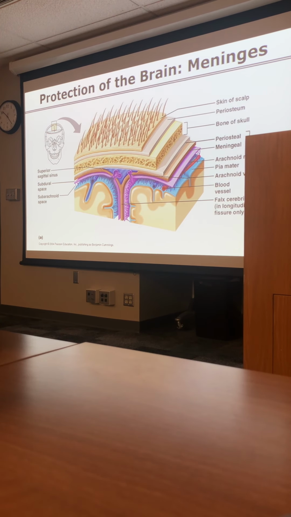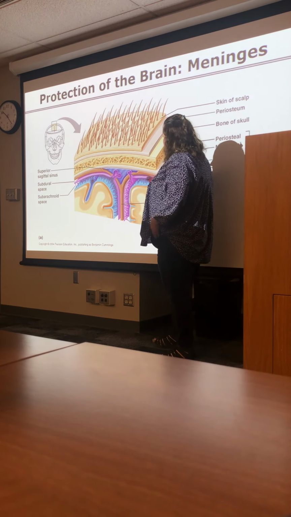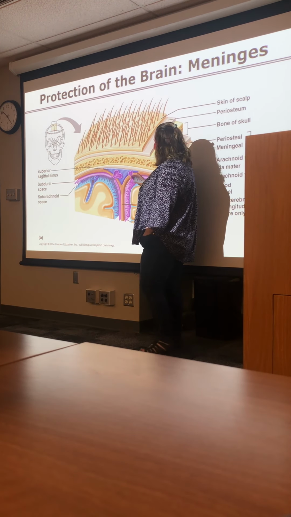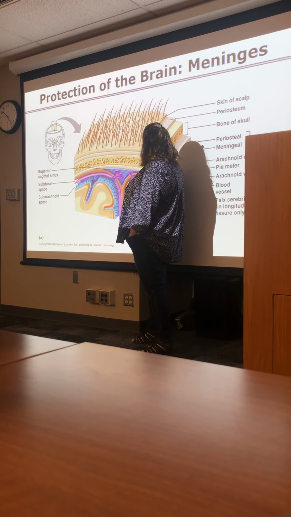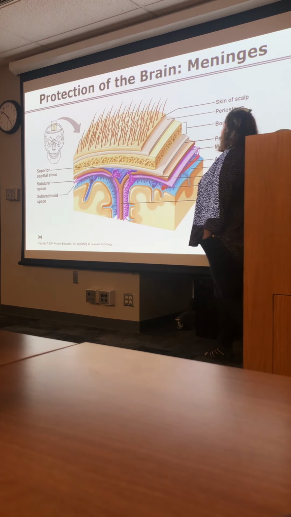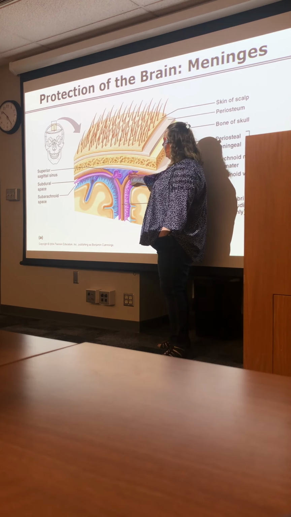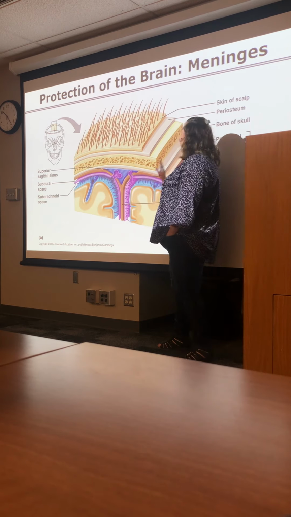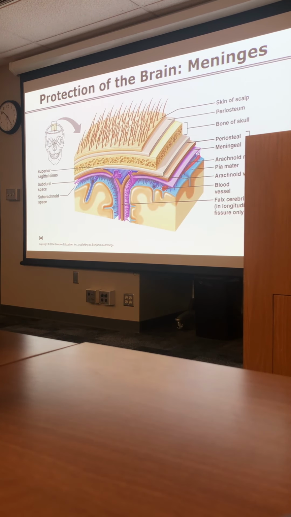You can see that there are extensions of, and I've mentioned this before, the arachnoid mater, and specifically right here, this is going to be your superior sagittal sinus, and there are extensions of the arachnoid mater into the superior sagittal sinus. These extensions are called arachnoid granulations or arachnoid villi, and this is how cerebrospinal fluid can be reabsorbed into the venous system, because deep to the arachnoid mater is the subarachnoid space.